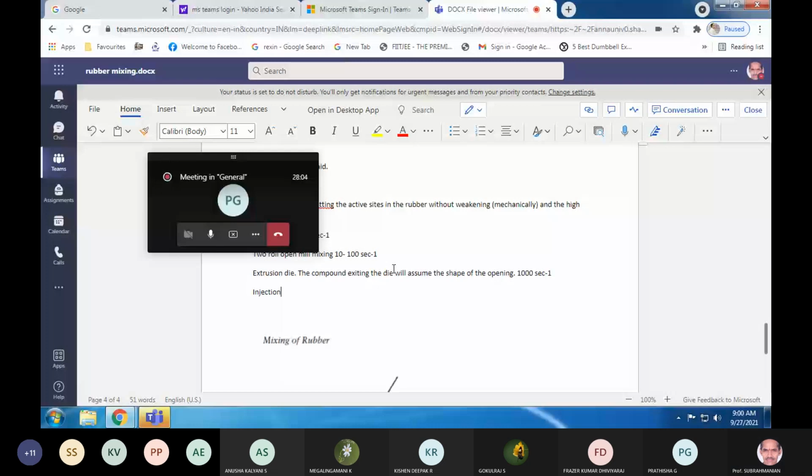Injection molding shear rate will be about 10,000 second inverse, right?